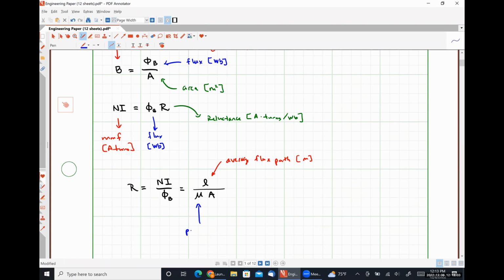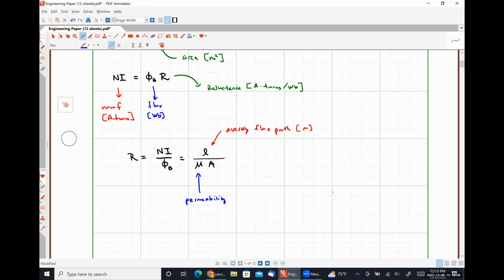Mu is the permeability, measured in henries per meter. And A is the area, measured in meters squared.